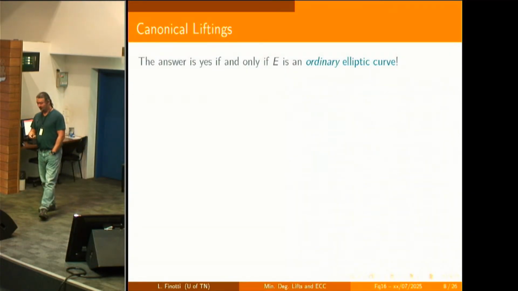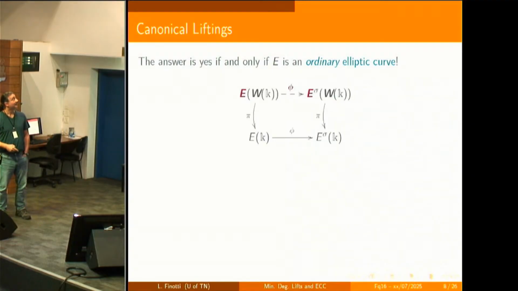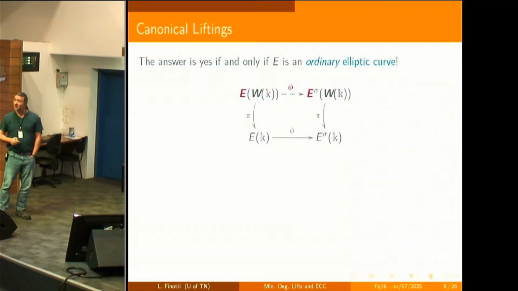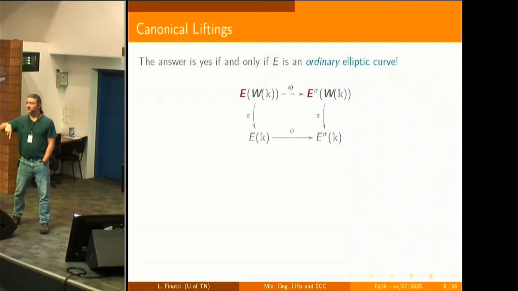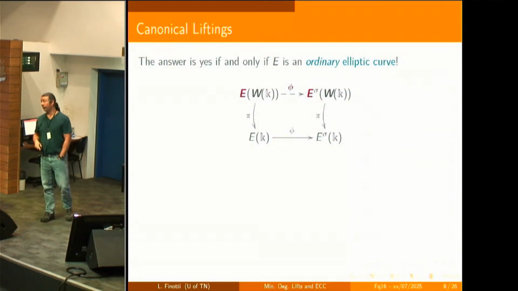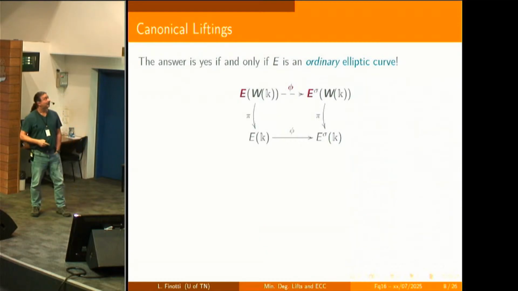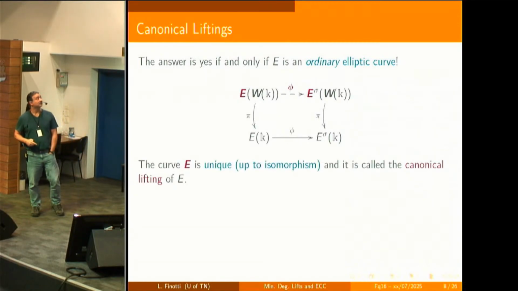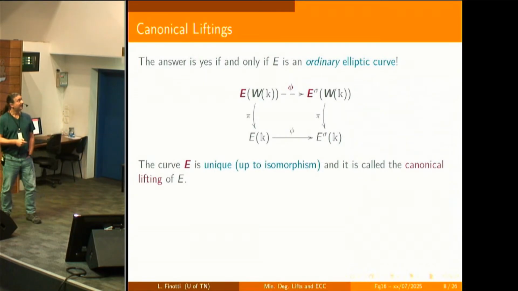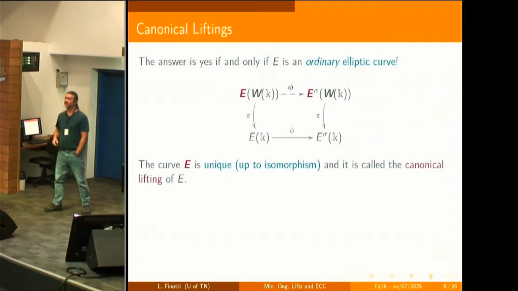Otherwise, the answer is no. So here's the picture. And not only that, there's only one curve on top here, up to isomorphism, for which this lifting of the Frobenius exists. And this is the so-called canonical lifting. So given an ordinary elliptic curve, there's a unique elliptic curve over the ring of Witt vectors for which this happens.